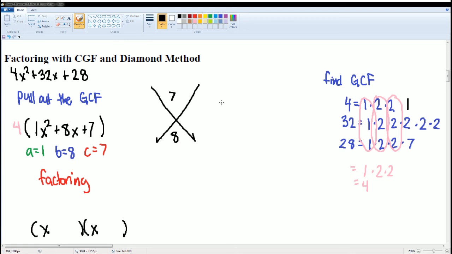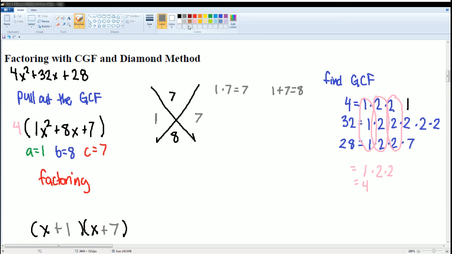Okay. Find what they multiply into. So 1 times 7 gets you 7. That's it. And 1 plus 7 will get you 8. So this should be as simple as just 1 and 7, which are the factors. So you should put right here plus 1 plus 7.